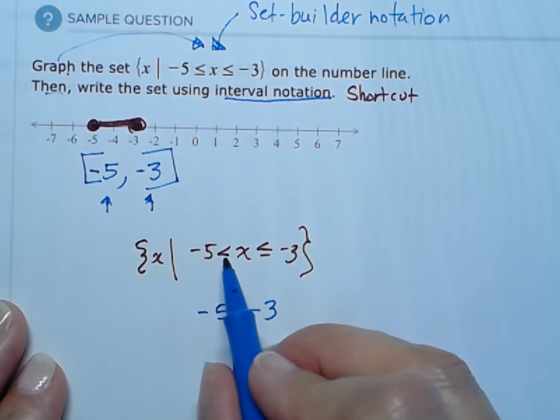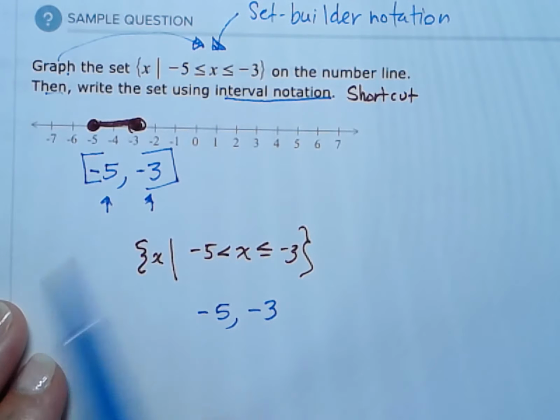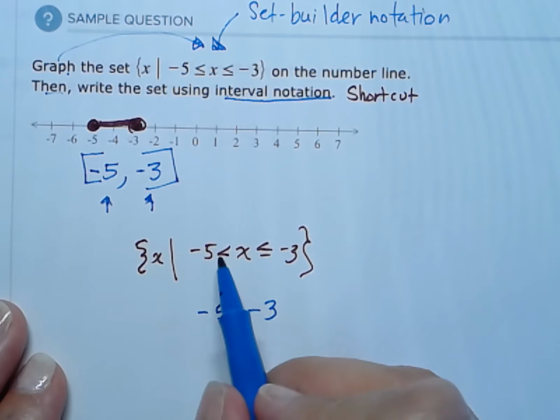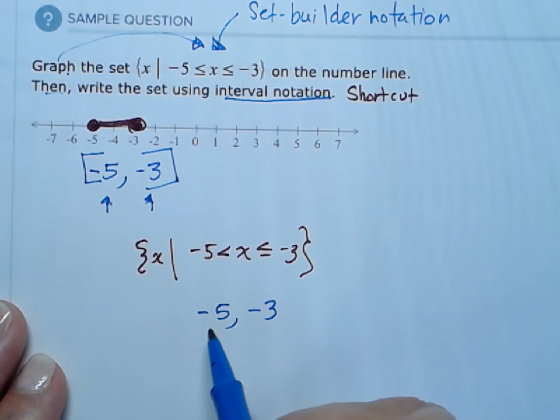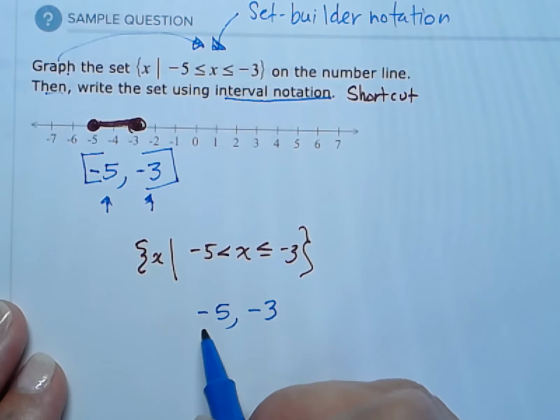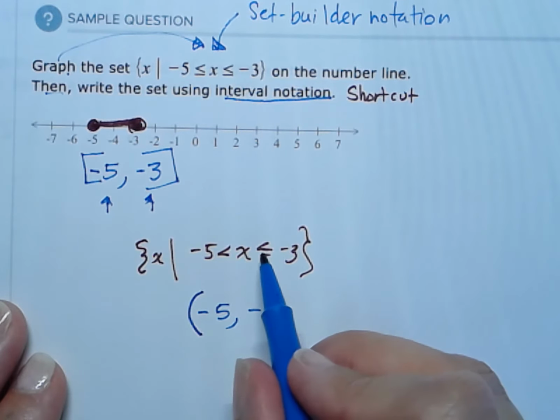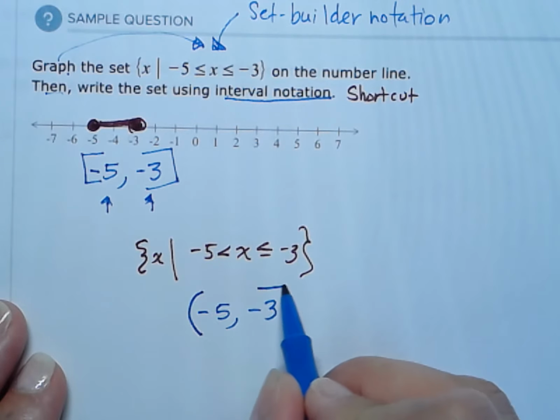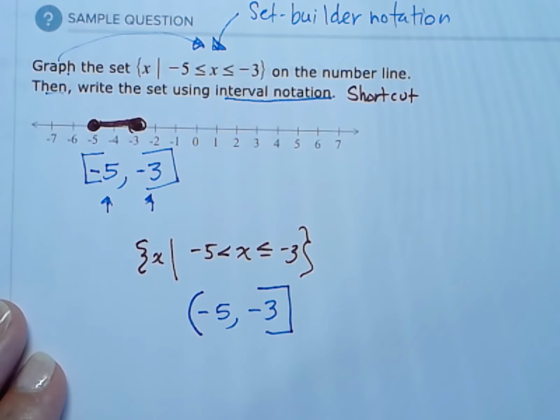But what I have changed is what it would look like on the number line and what's included. Right here, this says I cannot include -5. So what do I use to demonstrate I cannot include -5? Well, I use a parentheses. And again, I have to include -3, that's the equal to, so I use a bracket.